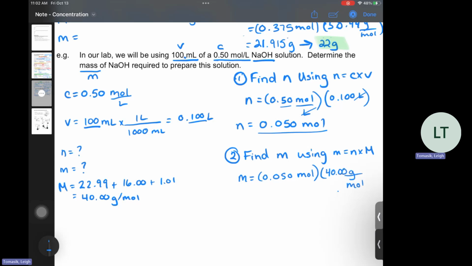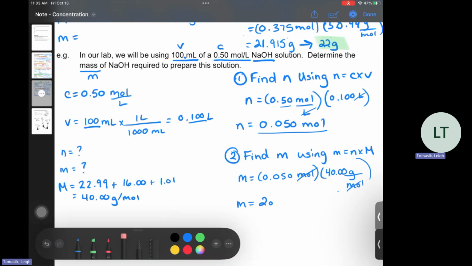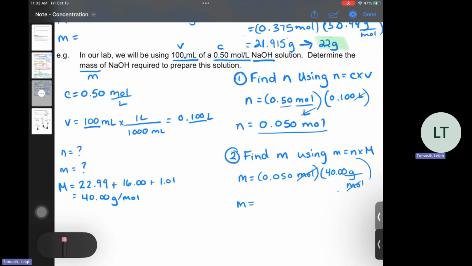So you can see that my moles will cancel out and I'll have grams left. How many grams? Let me find out. 0.05 times 40.00 gives me 2 grams. So my calculator just says 2, right?